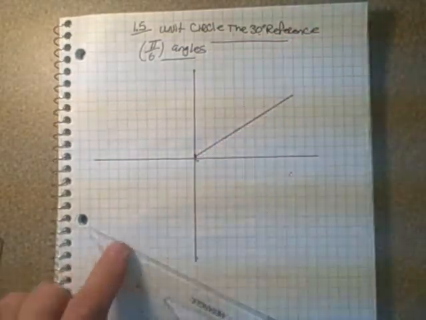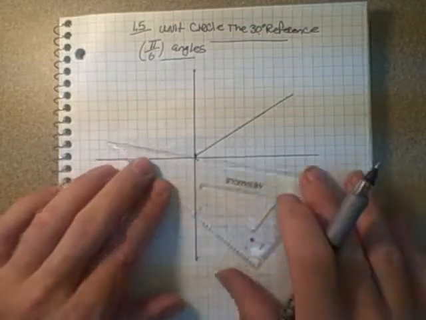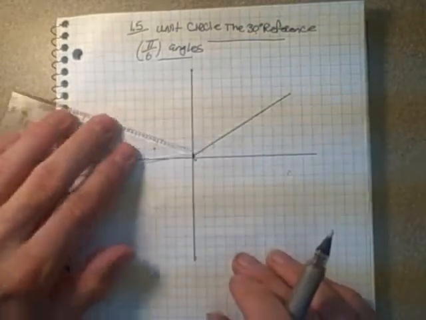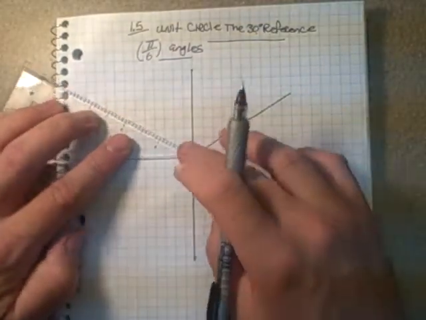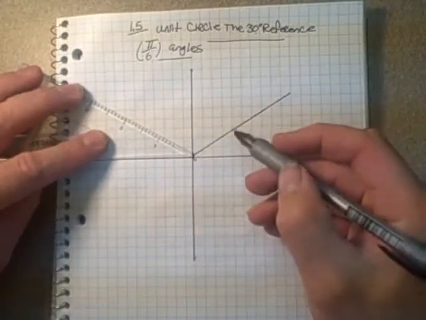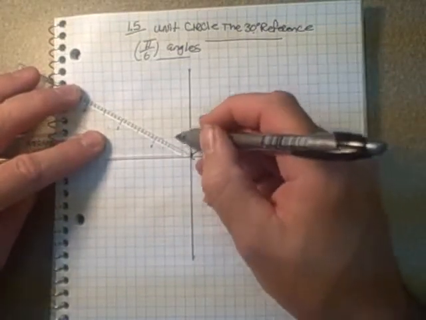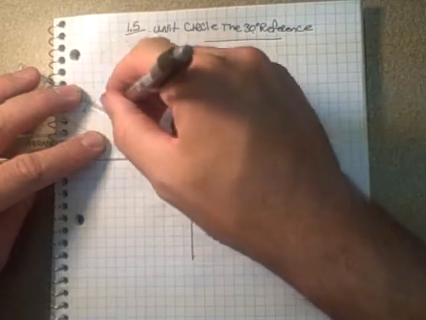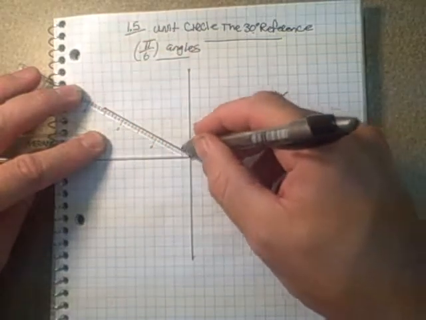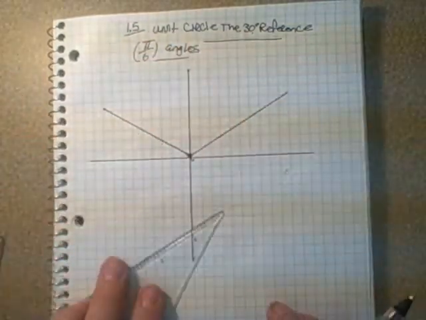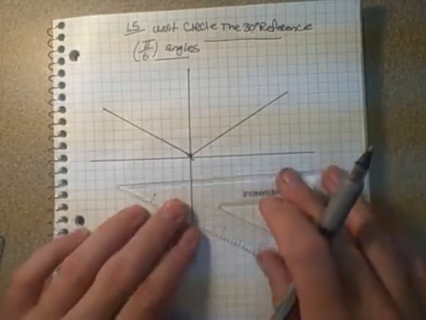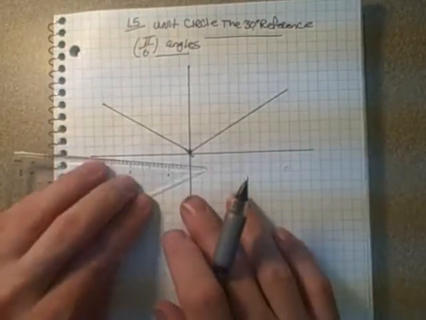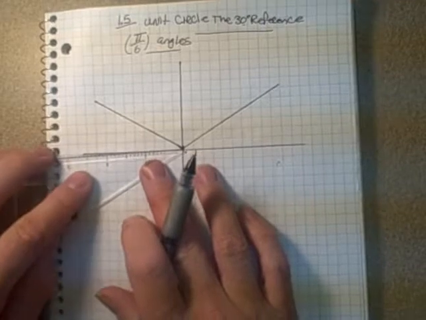Don't really worry about the length at this point. And then I could do the same thing over here in the second quadrant, a 30 degree angle, and then in the third quadrant, whoops, let's line it up right there.